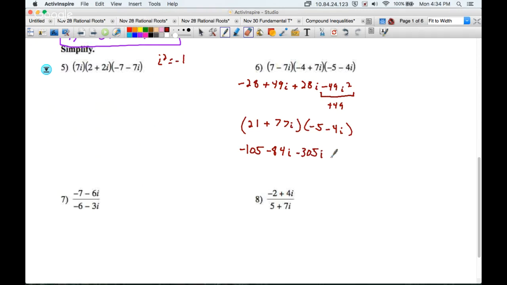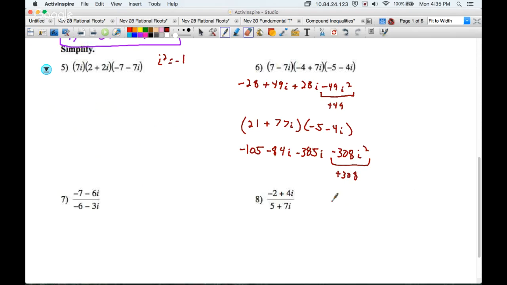And last, gotta do that on my calculator as well. 77 times 4 is, oh, I read that number wrong earlier. This was a 385. And now this is a 308. Negative 308i squared, making this whole thing actually a positive 308.